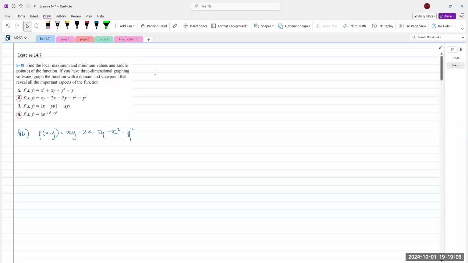Okay, first we need to find the critical points, right? And that is by finding the first partial derivatives with respect to x and with respect to y, and setting them equal to 0.